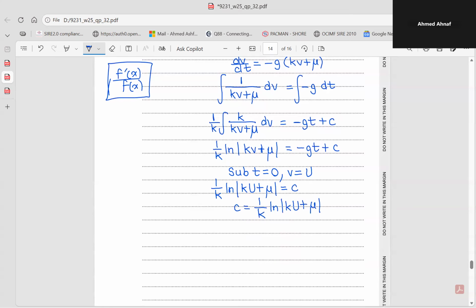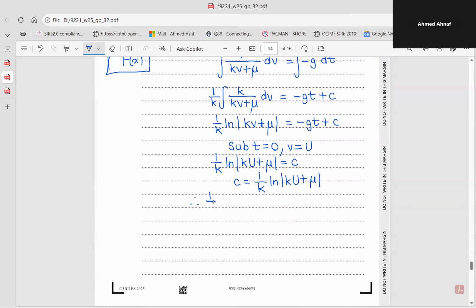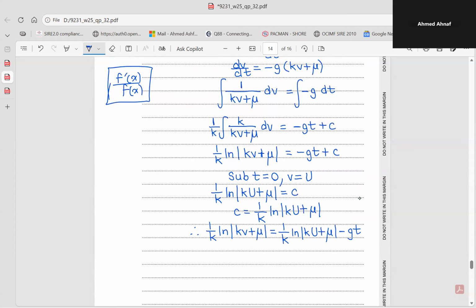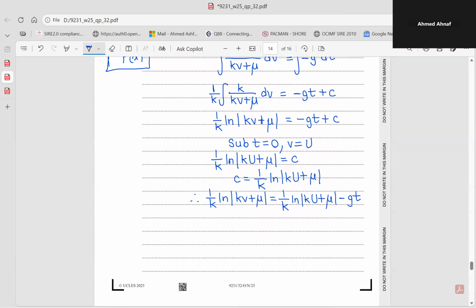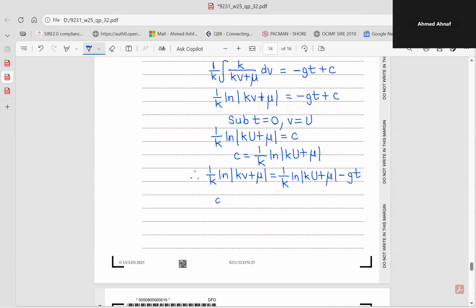Now we can substitute back into the original equation. So you get 1 over k ln modulus of kv plus mu equals minus gt plus 1 over k ln k big U plus mu. Now we have to make t the subject, so just isolate gt.